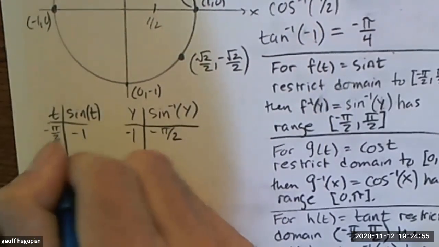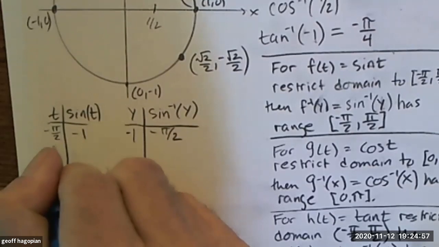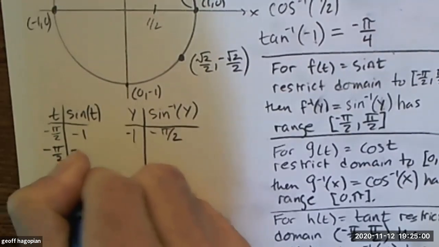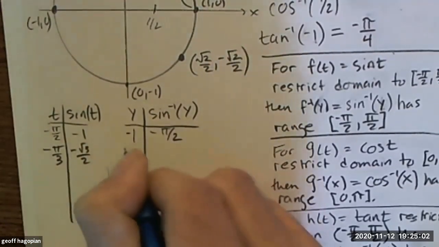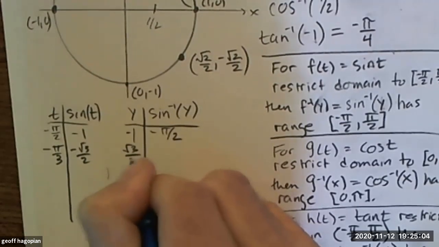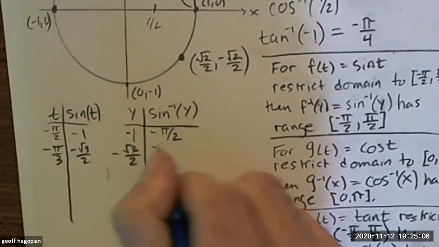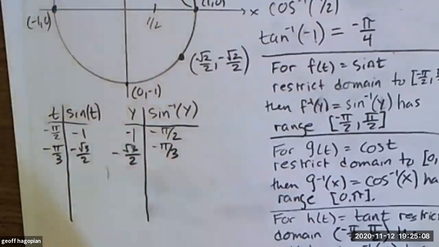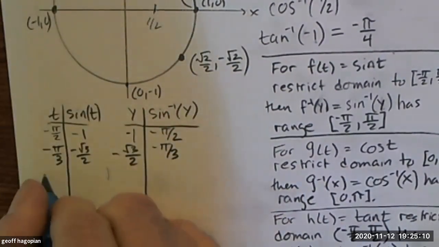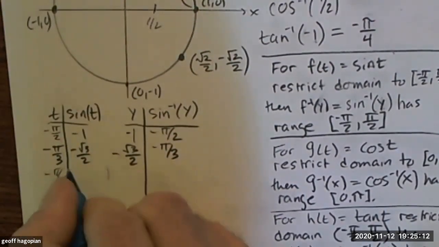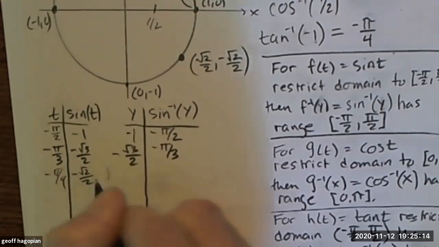What are the usual suspects? So negative pi over 3 takes us to negative square root of 3 over 2. So the inverse sine of negative square root of 3 over 2 is negative pi over 3, right? And negative pi over 4 takes us to negative square root of 2 over 2.